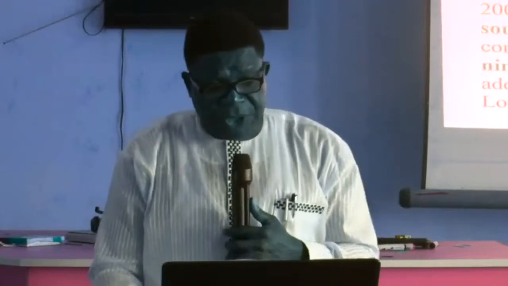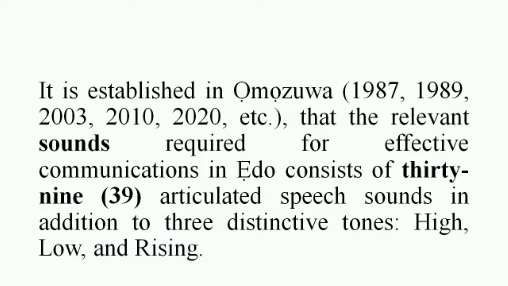It is established in Mozua 1987, 89, 2003, 2010, and 2020, etc., that the relevant sounds required for effective communication consist of 39 articulated speech sounds, in addition to 3 distinctive tones: the high tone, the low tone, and the rising tone.